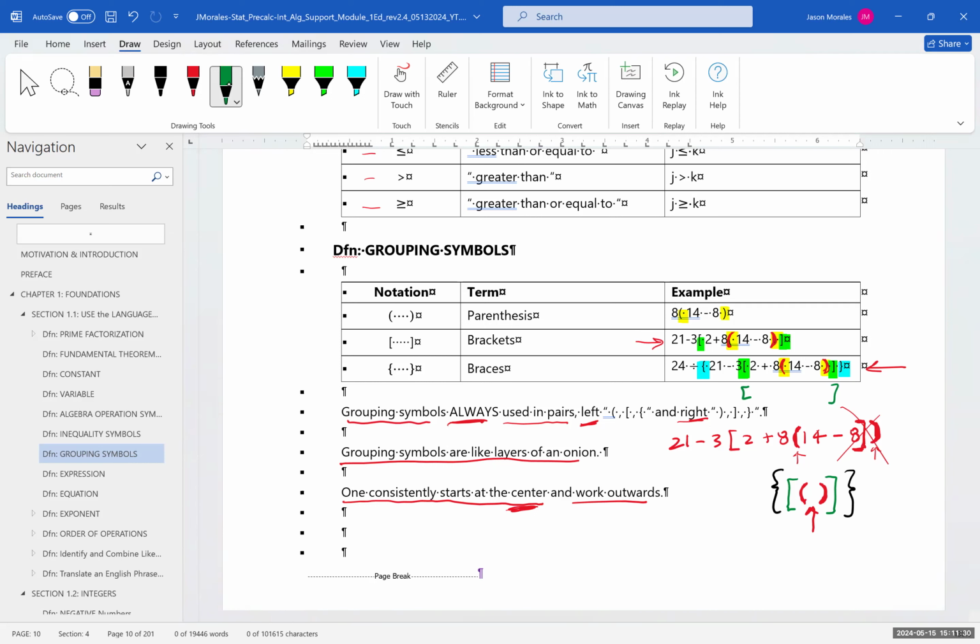And then we've got our braces. Here's one, and here's one. I don't know why my computer's acting up. Okay, there's one, and there's one. And so the braces are the outer layer, and the parentheses are the inner layer.